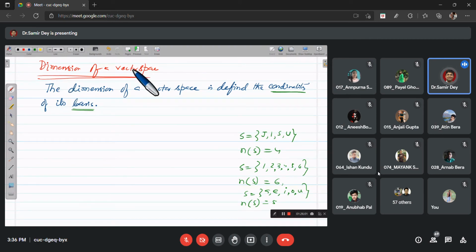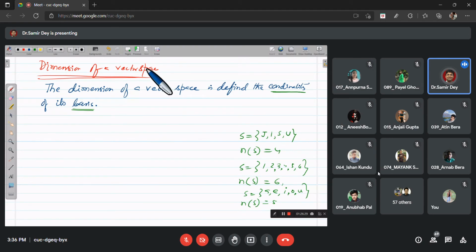Is it clear or not? Yes, sir. First you have to find the basis of the vector space, then identify how many vectors you have in that basis. This number is the dimension of the vector space.